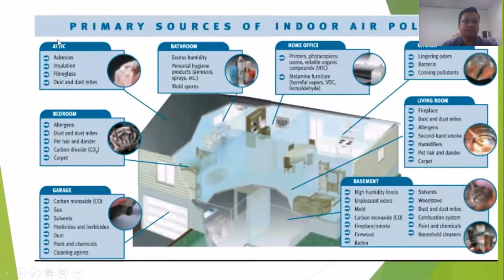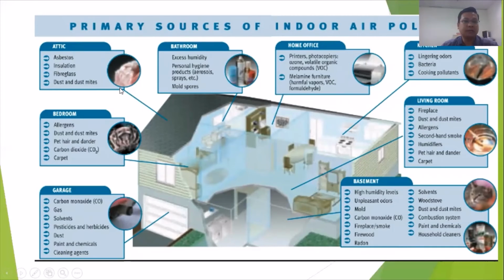This is an example of what can be produced from every side of our room that contributes to low air quality. You can see from the roof, from the inside of the room, our house in the building.